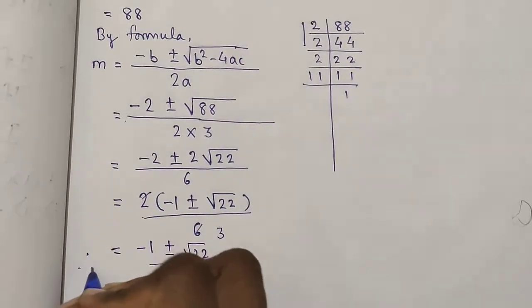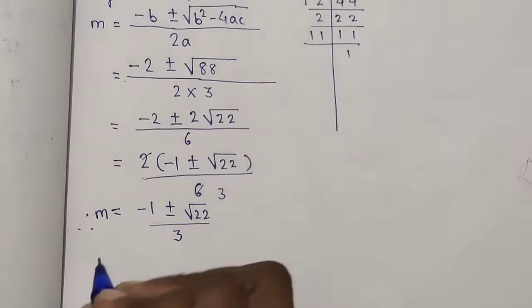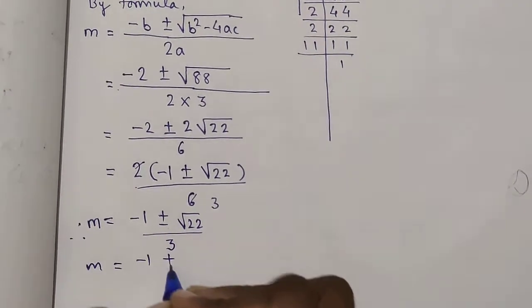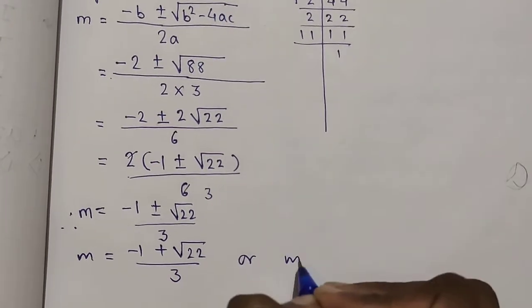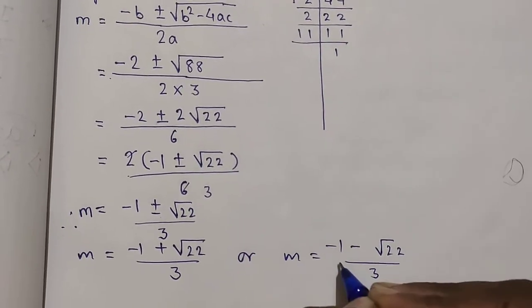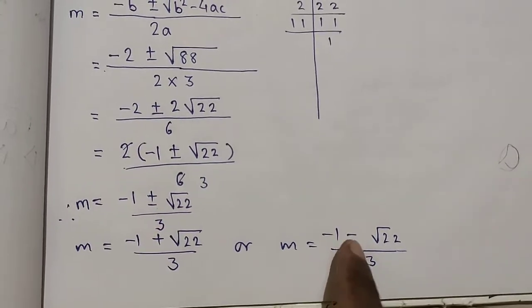So this is our value, that is our answer. So let us write our final answer in 2 steps. First let us write this plus sign and then let us take this minus sign. Okay, understood now? First I have taken this plus sign and next we have taken this minus sign.